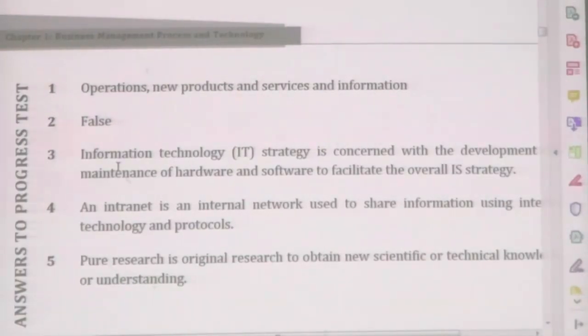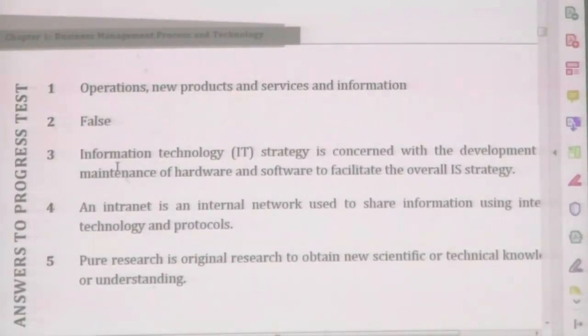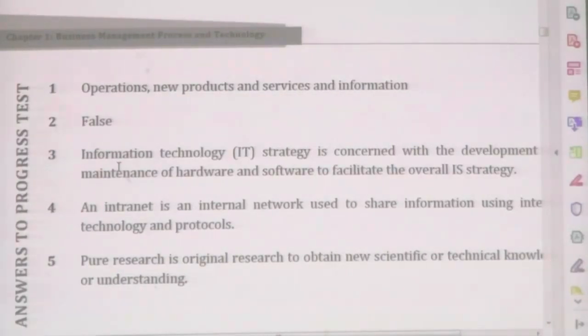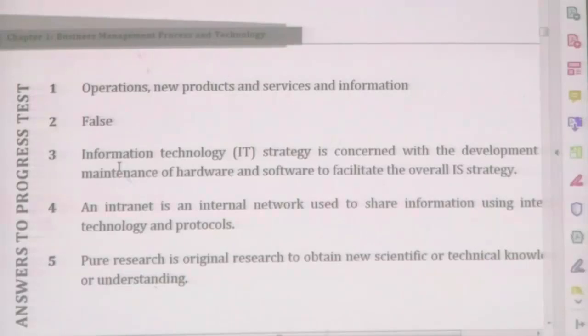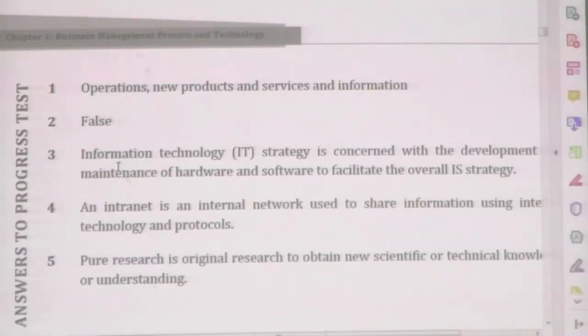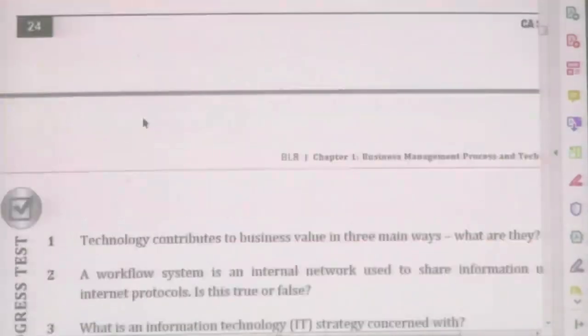So, after reading the syllabus, if you can understand the questions and the answers, it is easy for you to write for the examination. That is the syllabus content, the structure, and how the learning outcomes are given in this content.